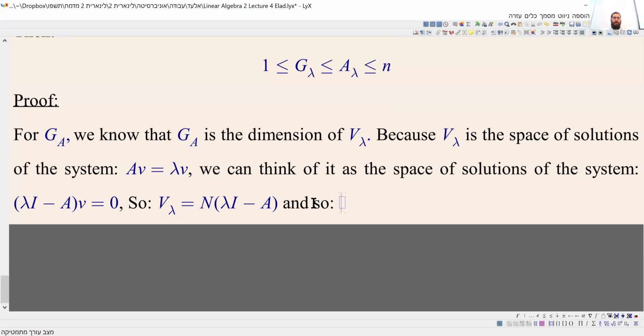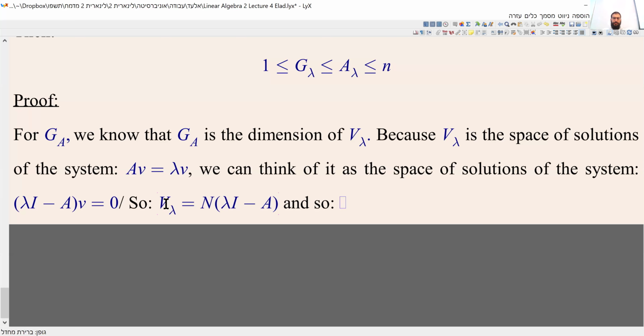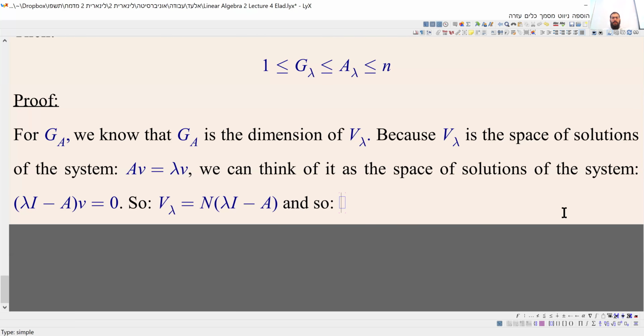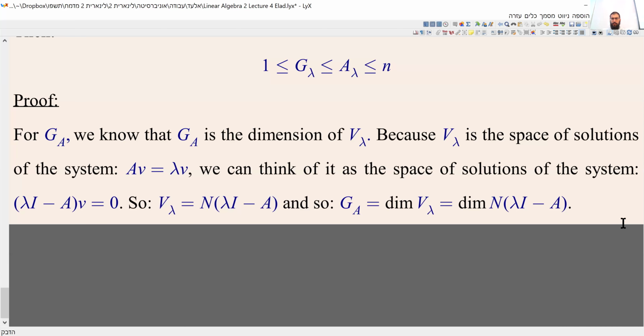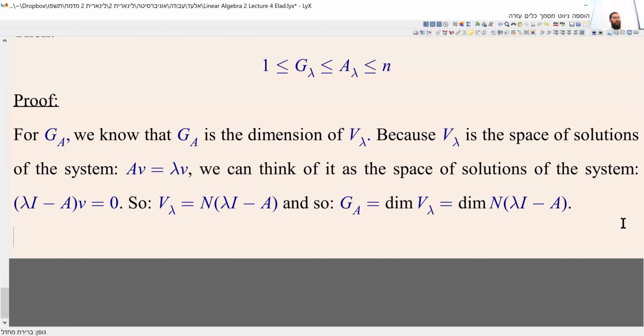So the GA, which is the dimension of V lambda, is actually the dimension of this space. Right now I just want to claim that it is greater than 0, which is 1 or more. And why is that?